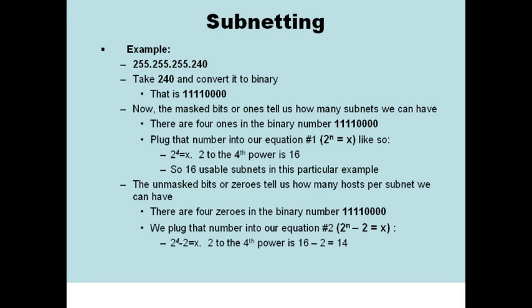And again, 2 to the 4th power is 16. Minus 2 equals 14. So we can have 14 usable hosts per subnet in this particular example. And that's because we can't use the first or the last. The first is dedicated to the subnet ID, much like a network ID. And the last is for the subnet broadcast address.